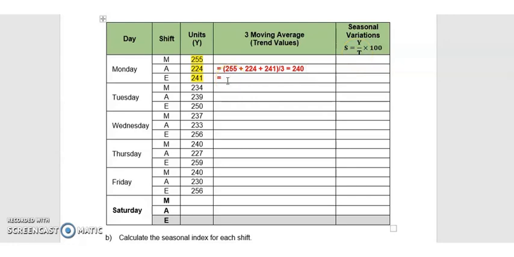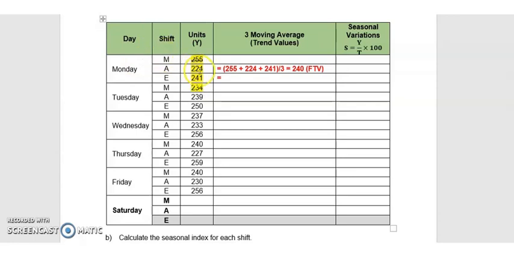Now how to get the moving average for the second trend value. This one we call the first trend value, FTV. For the moving average, you move one value, meaning you discard the first value and add another value, so you again use three values.